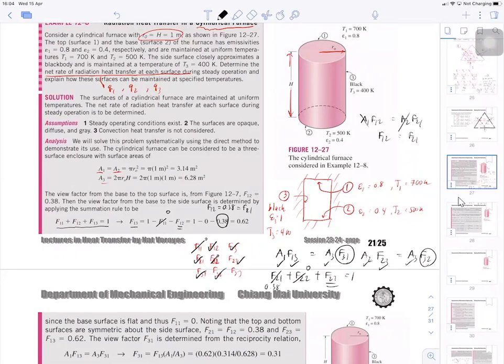And the last one, because F31 plus F32 plus F33 equals 1, you already know these two, so you can find F33.